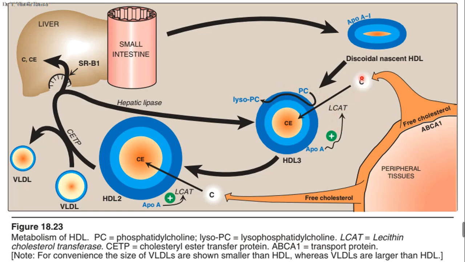Due to this, cholesterol ester molecules are attached, and cholesterol ester is deposited within this HDL. This is called mature HDL, and this HDL again receives more free cholesterol from the cells, the peripheral tissues, again by LCAT only, because without LCAT there is no transfer of cholesterol into the HDL.